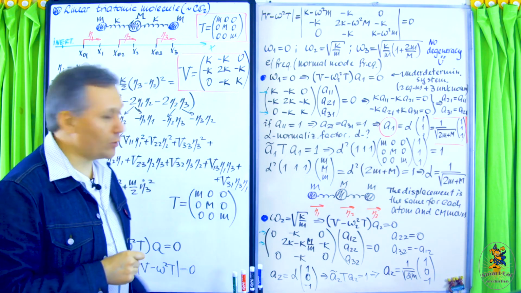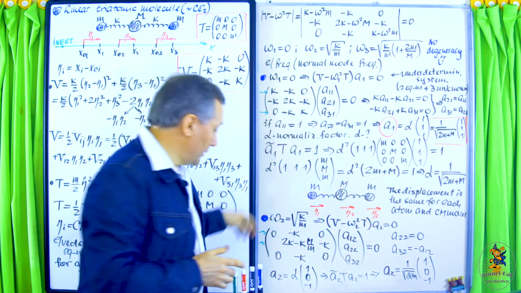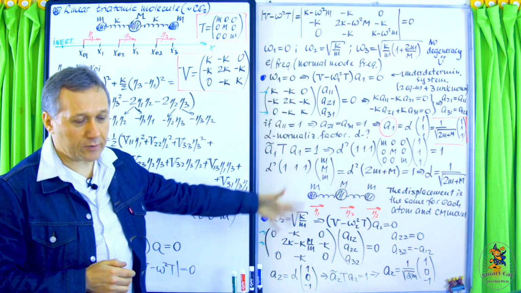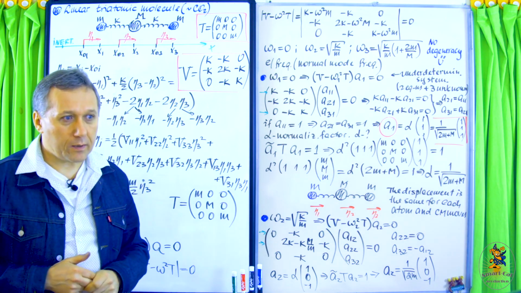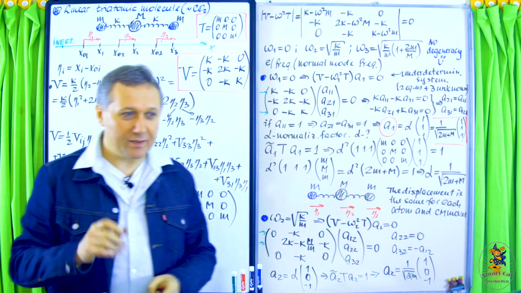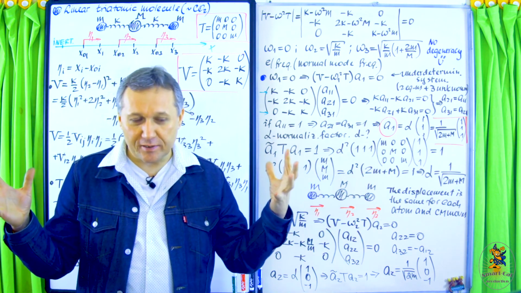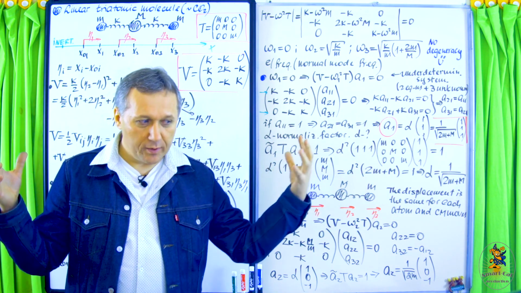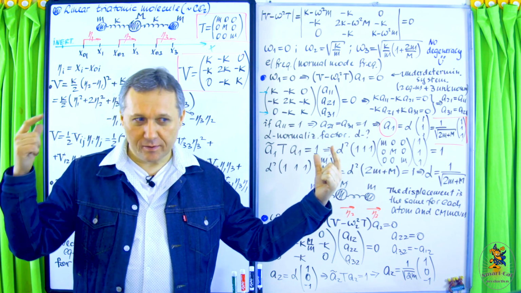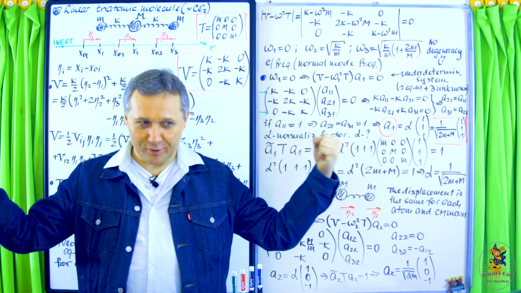And the last mode, which we will quickly write down next class, again, I'm not going to write much, I will just write basically the answers. The mode will behave like this, again trying to keep the center of mass at rest. So the head moves out of phase with these two particles.